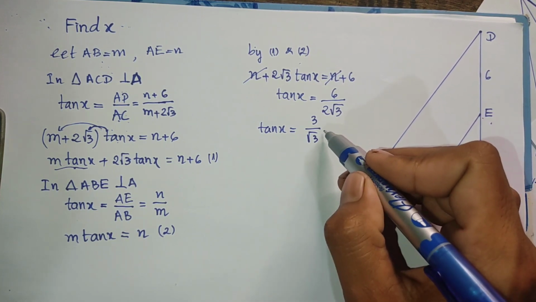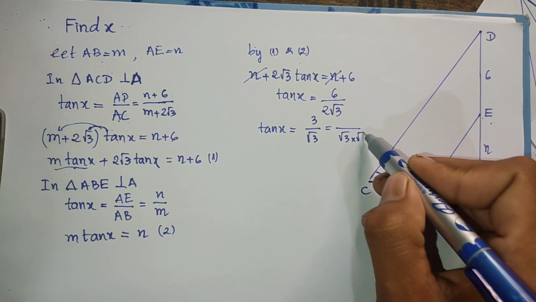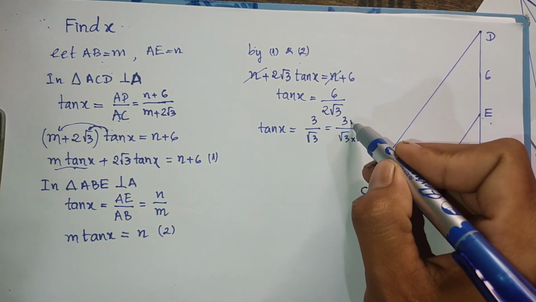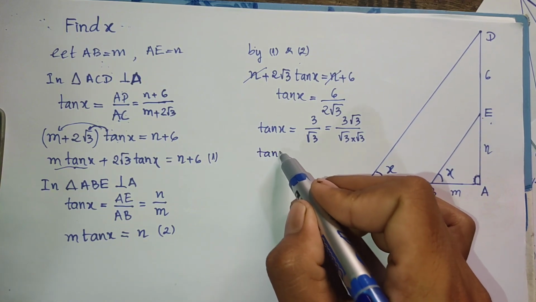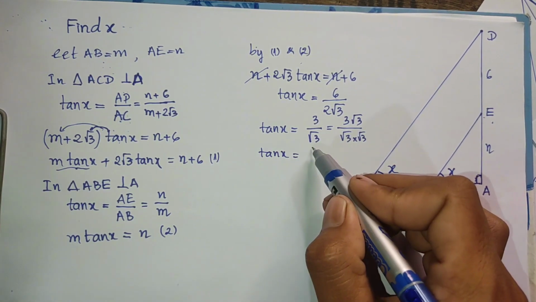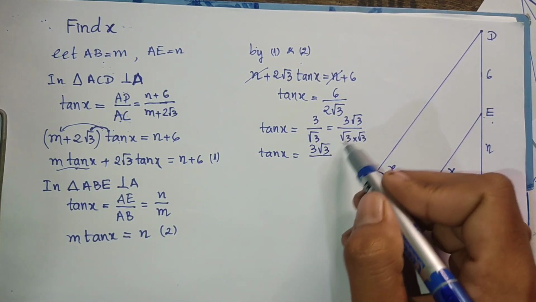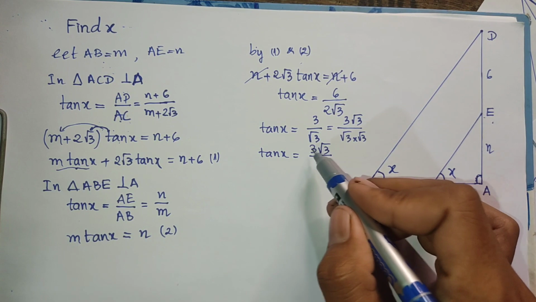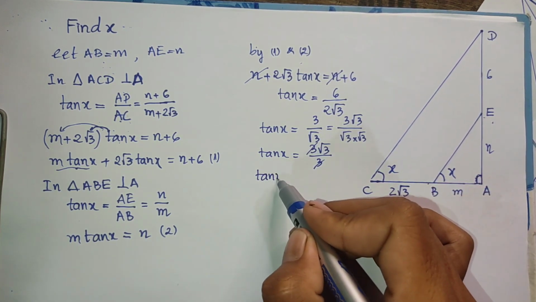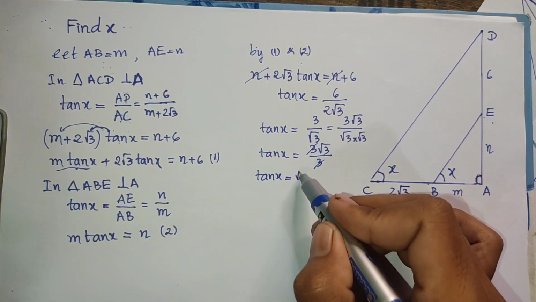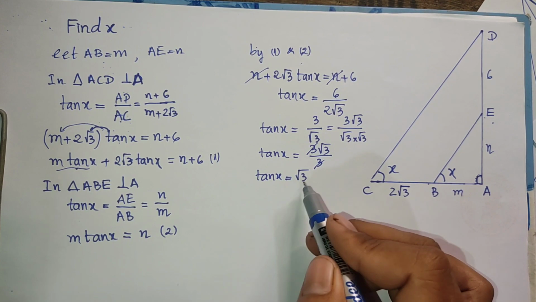We multiply by square root 3 on the top and bottom, so tan h is equal to 3 square root 3 divided by 3, and simplifying, we get tan h equal to square root 3.